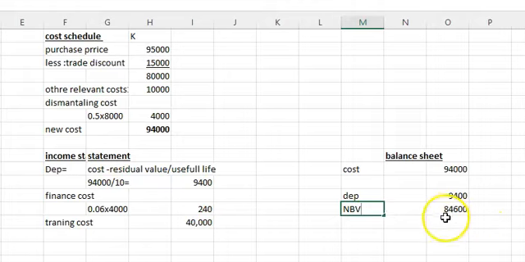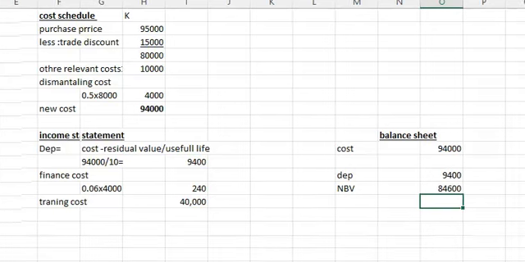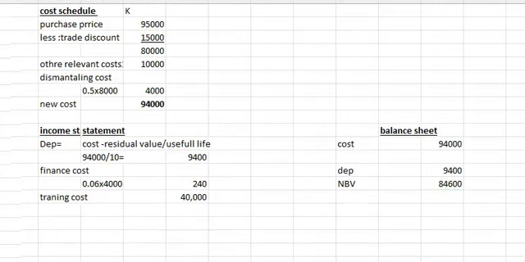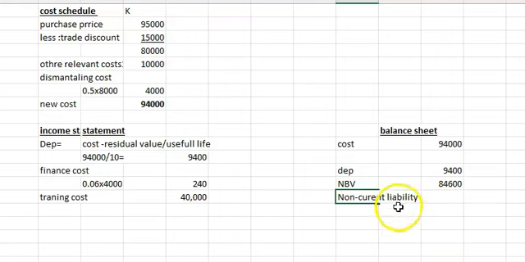Now that we have this one, there's one component again that will have to go in the balance sheet, which is a non-current liability. So for the non-current liability, I'll need to do the calculations here because we have two things.